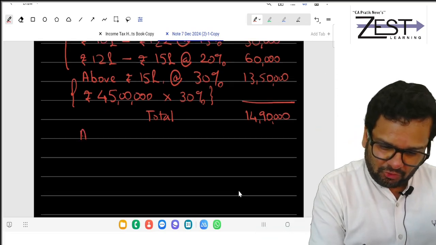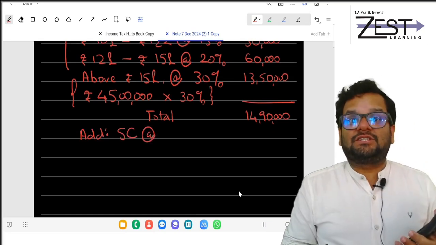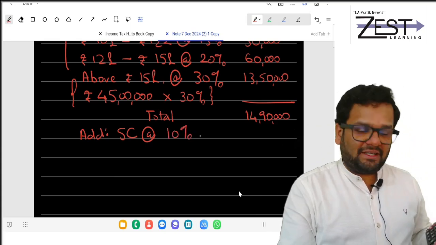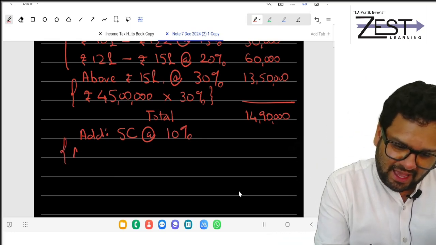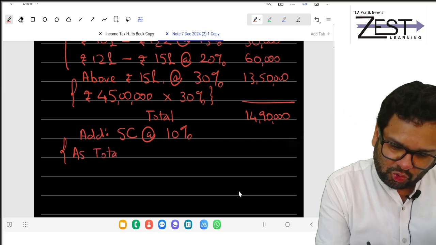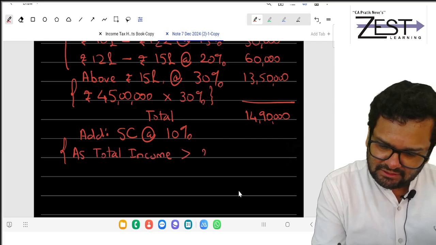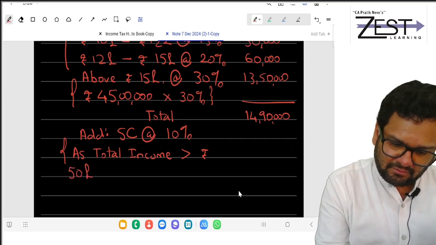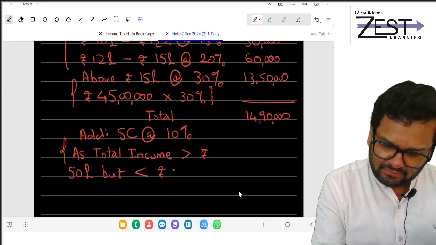Add, don't forget what you are doing all this for. Surcharge at 10%. Why 10%? As total income exceeds rupees 50 lakh but is less than rupees 1 crore.